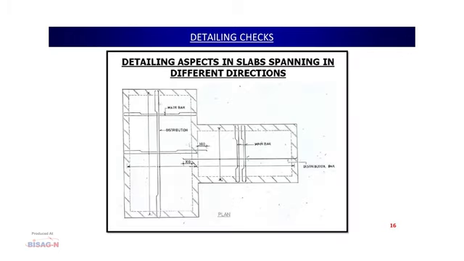And now, coming to the detailing aspect in slabs spanning in different directions. In a particular building, there used to be many spans or many rooms, and the slab covers almost many rooms or many spans. But actually what happens, people fail to understand the direction of the slab. Suppose this is a one-way slab, this is another one-way slab. What happens for this one-way slab?